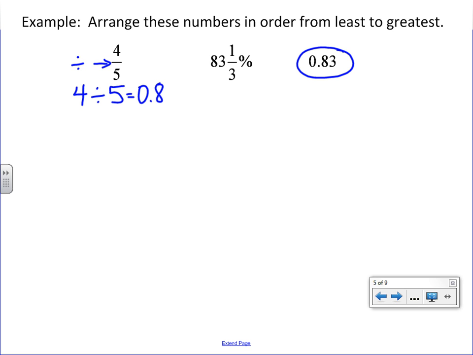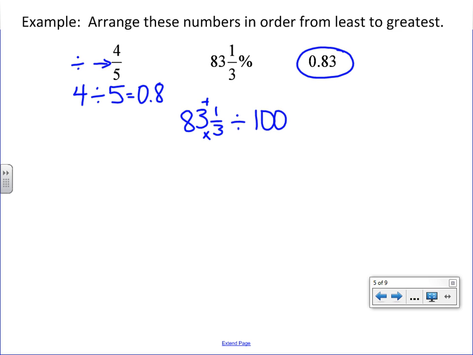Now the next one is a lot like what we just did with the 16 2/3%. So we're going to write 83 1/3 divided by 100 to change it to a decimal. So we're going to multiply and add. Oh wait, what am I trying to do here? Well, okay, we'll go ahead and finish this way. We're going to change it to a fraction and then to a decimal, my bad.